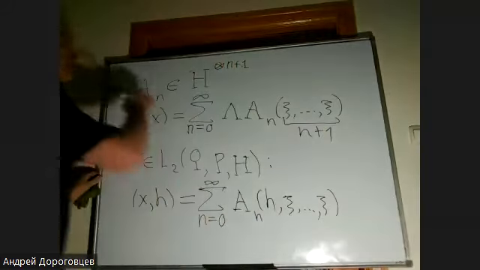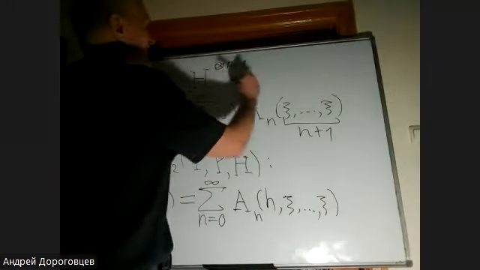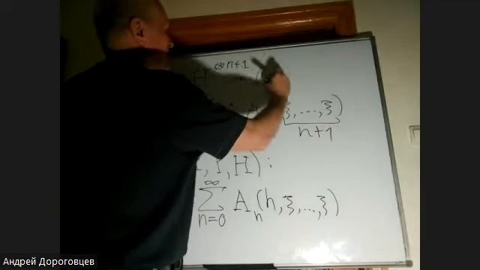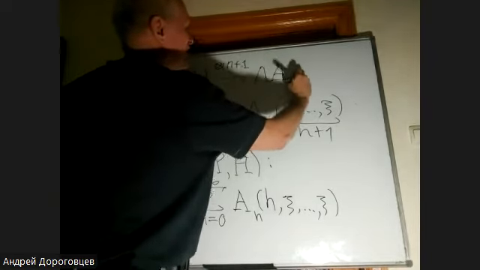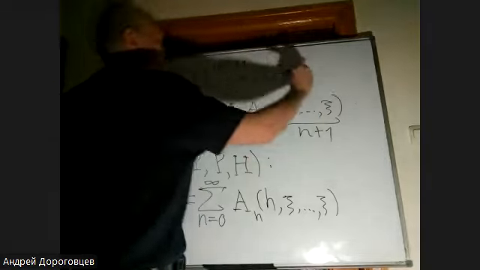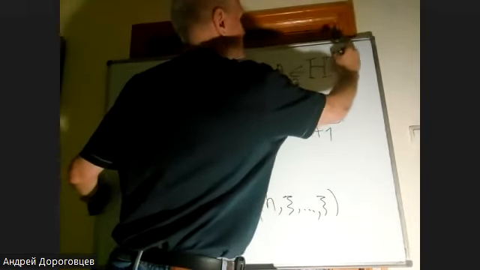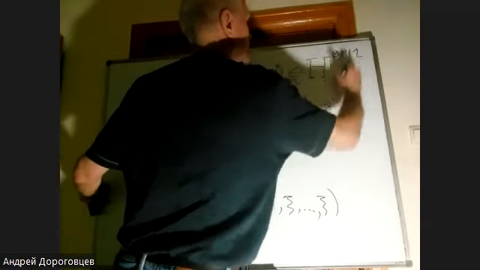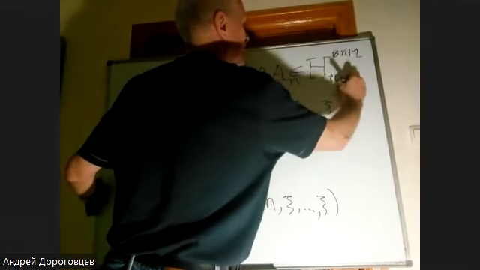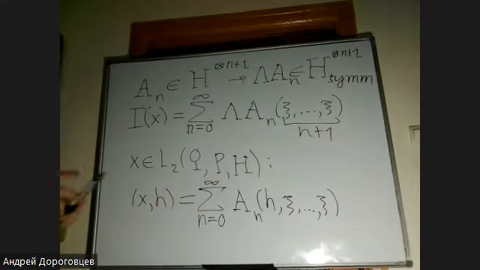So we have this one. Then we build the symmetrization lambda n, which belongs to the symmetric part, n plus 1 symmetric. And here we have such a representation.